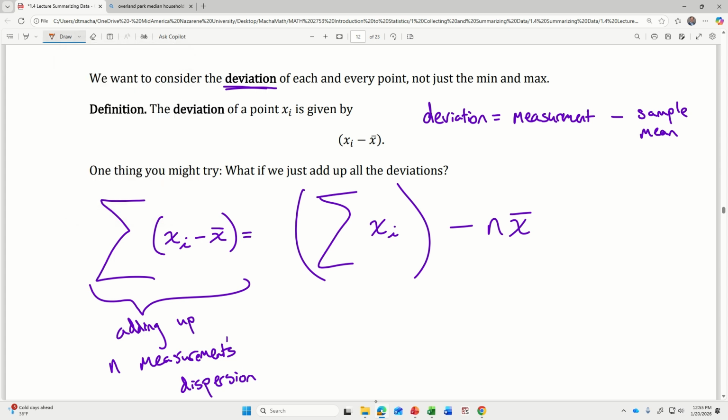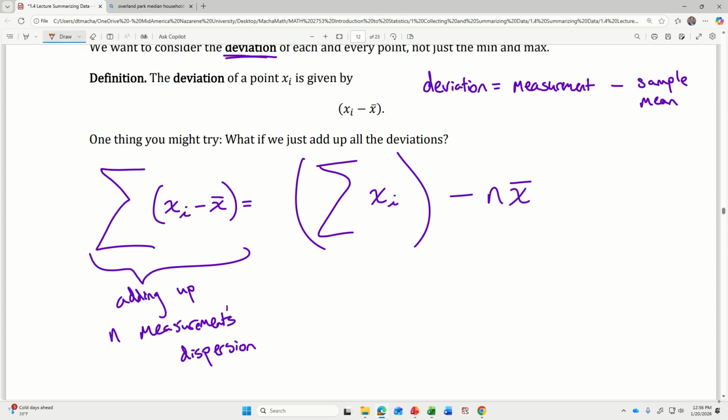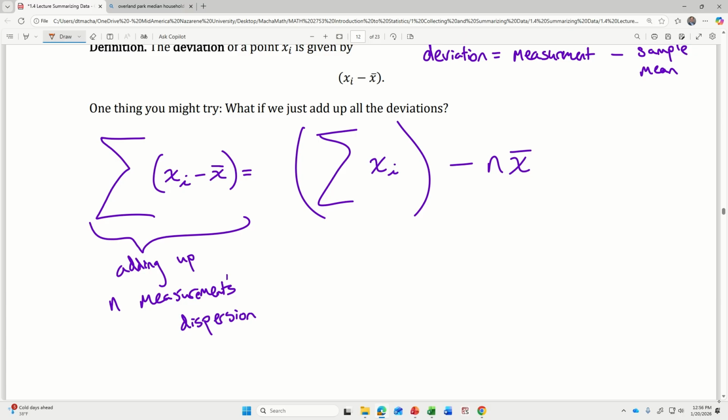Well, what happens if I write it like this? N times 1 divided by n is just the number 1, right? And I can multiply by 1. Multiplying by 1 doesn't change the value of anything.